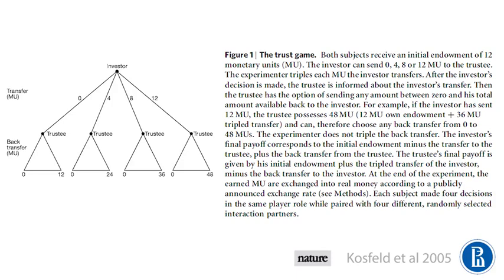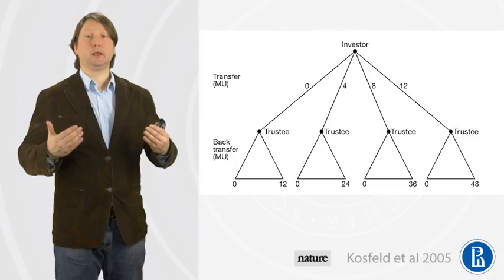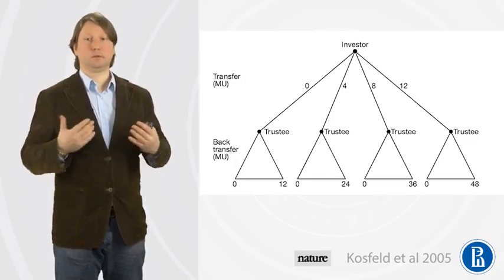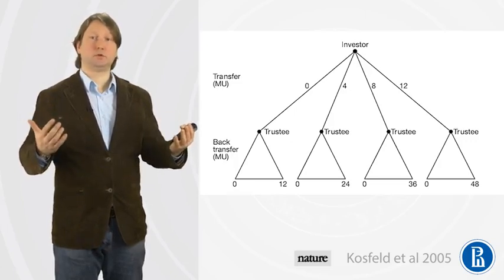In this game, two players play together, and player one, the investor, gets 12 monetary units. She can invest 0, 4, 8, or 12 monetary units to player 2, the trustee. Whenever a sum is invested, this sum is tripled by the experimenter. So the trustee gets an additional 12, 24, or 36 monetary units.